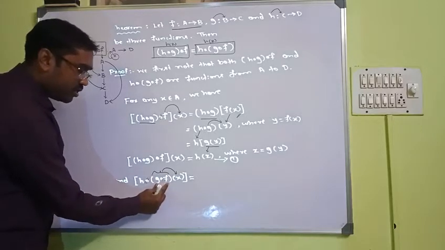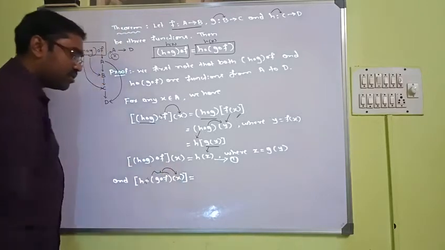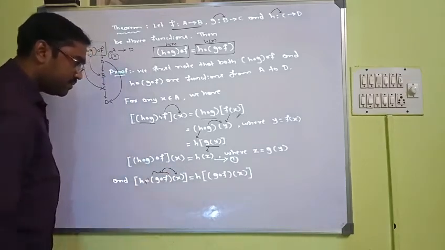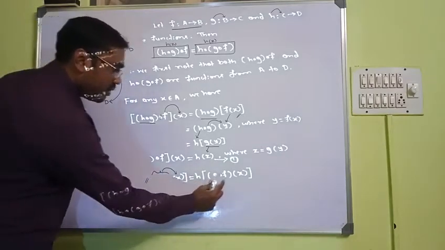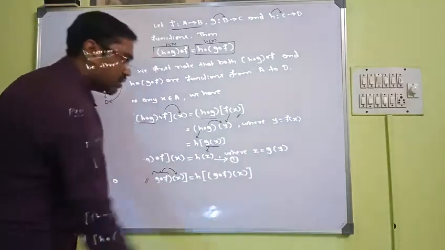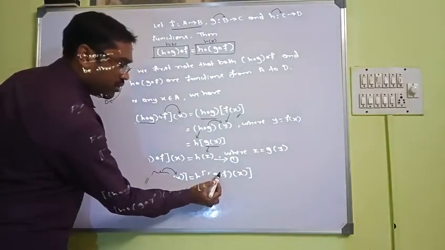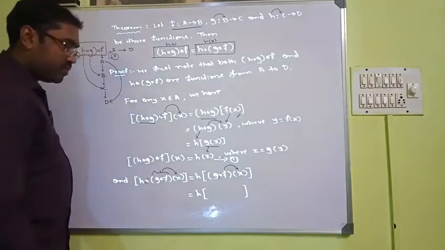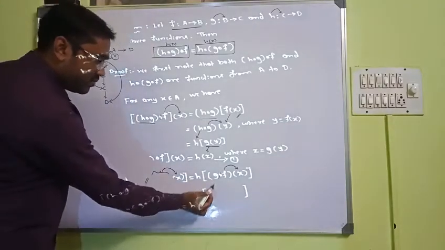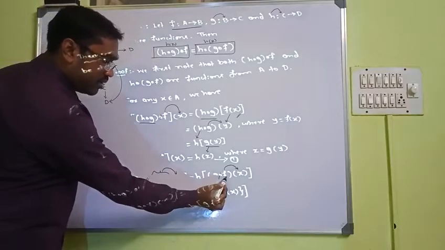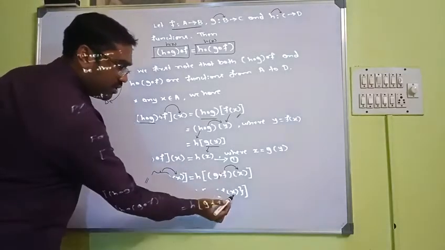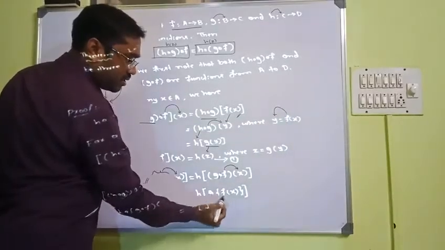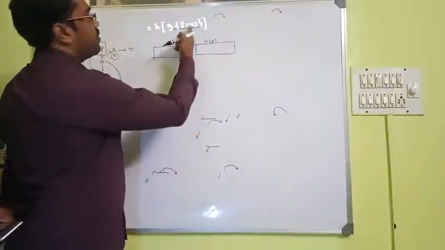Since it is associated, let us apply this on x. h as it is, open the bracket and apply this on x. Then, as usual, we remove this and apply f on x. What happens? h as it is, g as it is, and then f of x. As usual, we have considered f of x as y. Let us take y in this place now.